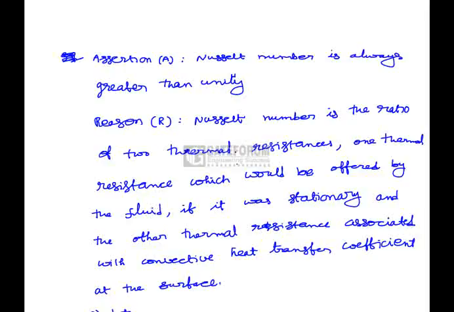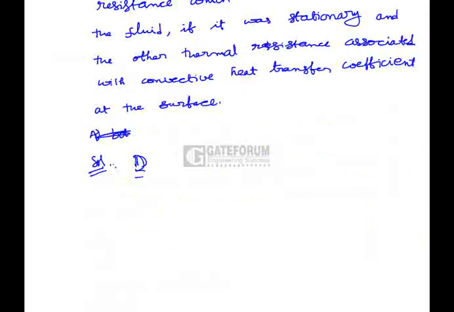In the assertion, we don't have any proof that the Nusselt number is always greater than unity. But the reason, a ratio of two thermal resistances, one associated with the fluid and the other with convective heat transfer, is correct. So the assertion is false and the reason is right. The correct option is D.